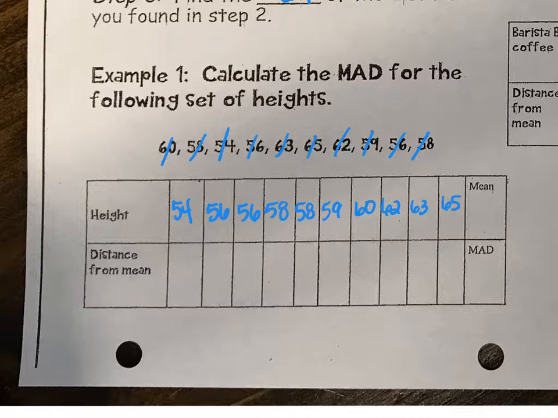Okay, so now we're going to find the mean of these numbers. We're going to add all these up real quick. That's when you're going to grab your calculator. 54 plus 56, plus 56, plus 58, and so on.